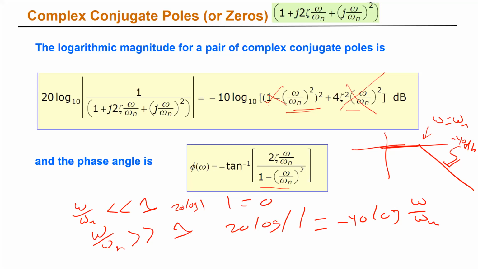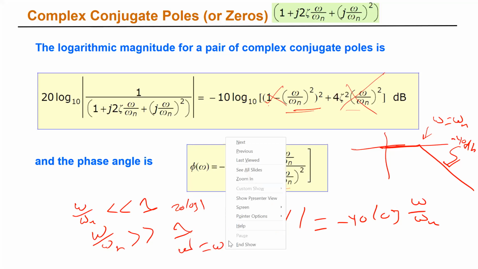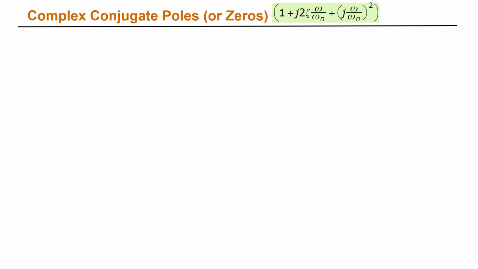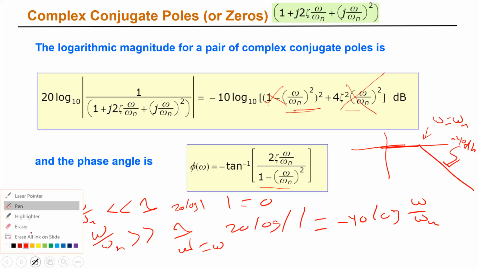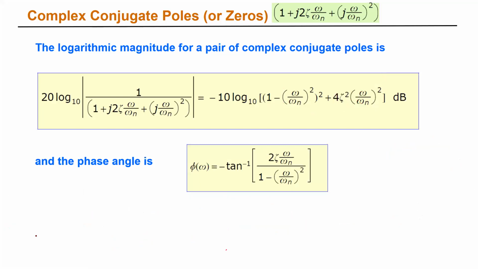Yes. Okay, of course in here, at the corner frequency, what about omega equal to omega n? The 20 log of the magnitude at omega equal to omega n is equal to what?